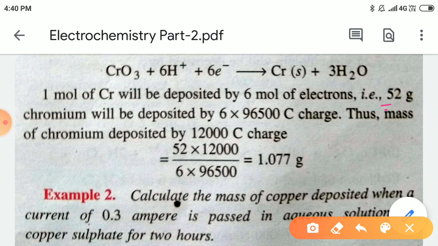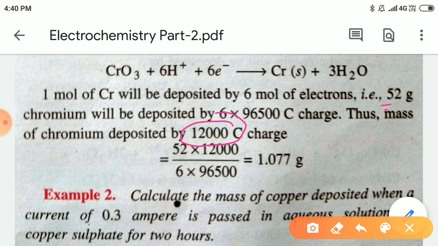Therefore, on passing 12,000 coulomb of charge in the electrolytic solution, what will be the amount of deposited chromium? Deposited chromium is equal to 52 into 12,000 upon 6 into 96,500.